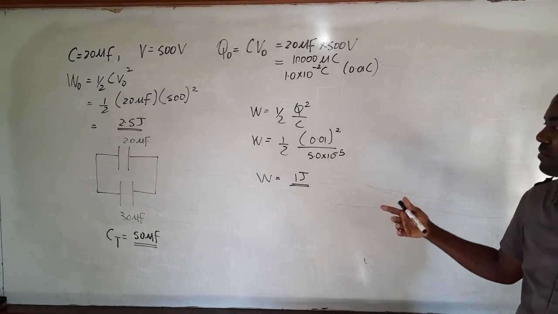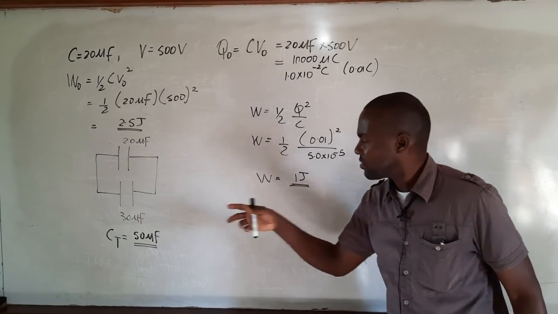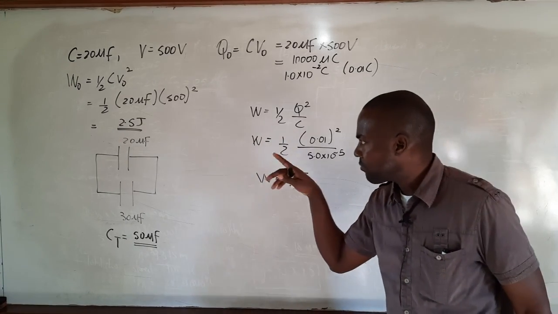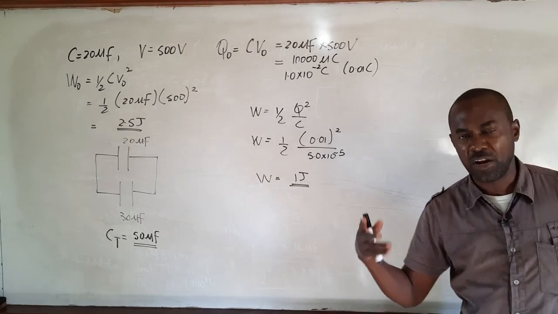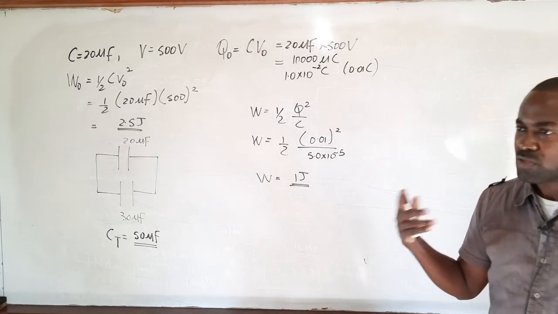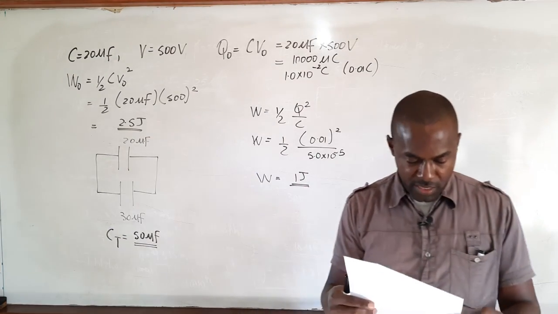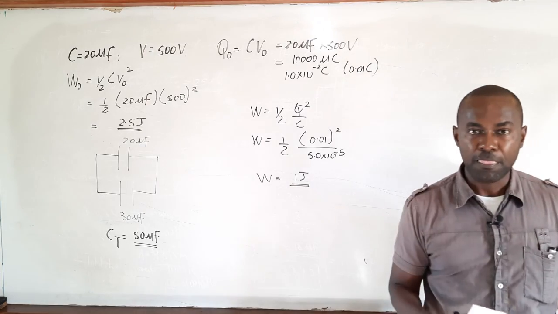So we see that basically more than half, approximately 60%, 1.5 out of 2.5, which is 3/5, of the initial energy that was stored has essentially been dissipated as heat due to the connecting wires in the circuit. And that was basically question 7.